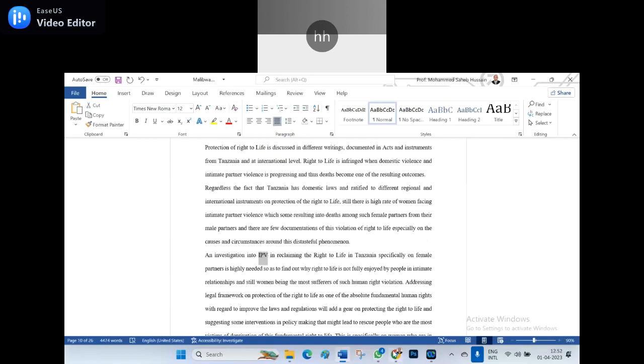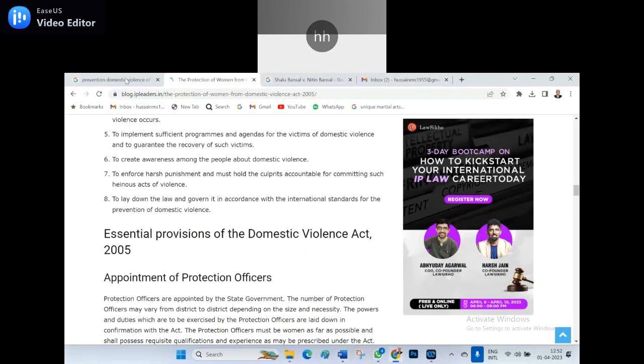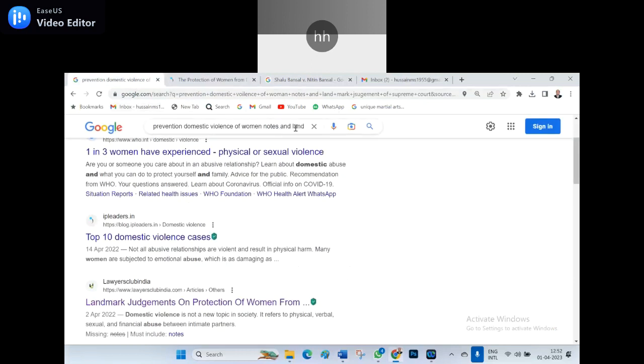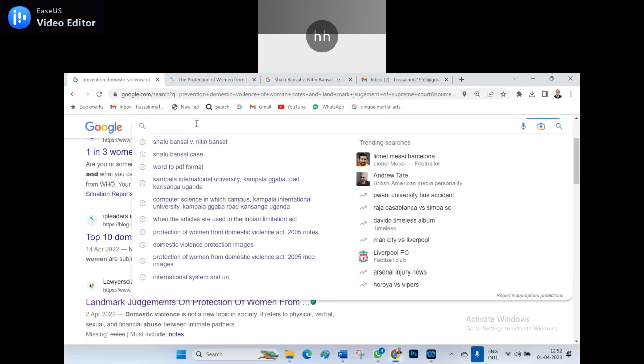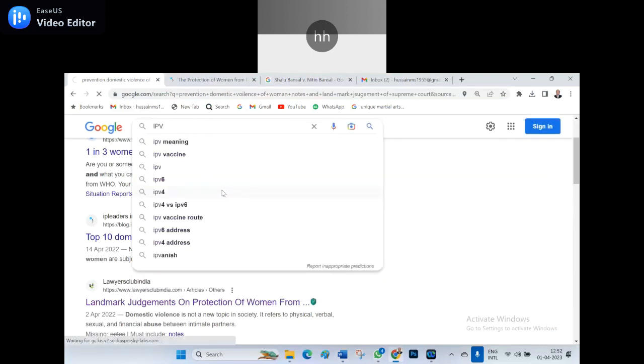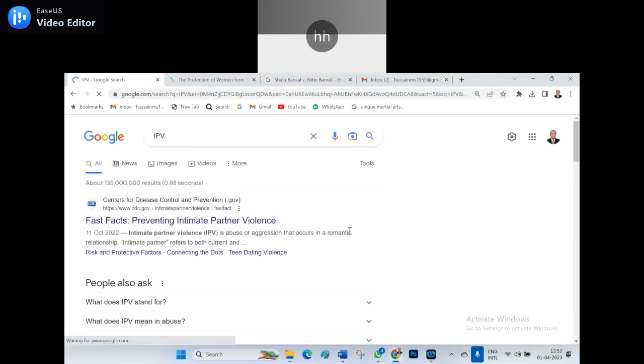Let me also check what IPV is. That means prevention of domestic violence. Okay. Because one meaning of IPV is intimate partner violence. Is that the meaning?